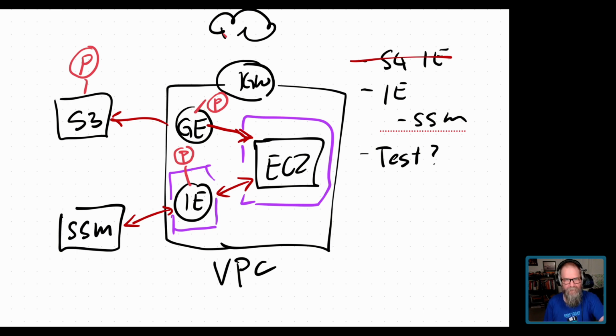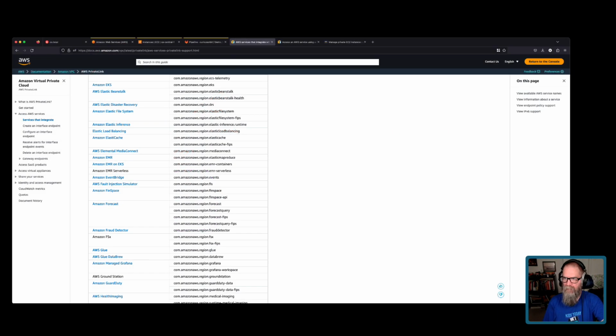And what I'll do is we'll go here first. If you remember this page, let me share this. I think I shared it last week, but let me share this in the chat as well. Okay. So that's the link to this page. And this page will show you all of the services that use or can use the interface endpoints. I'm on the wrong page. There we go. This is the right page. Okay.